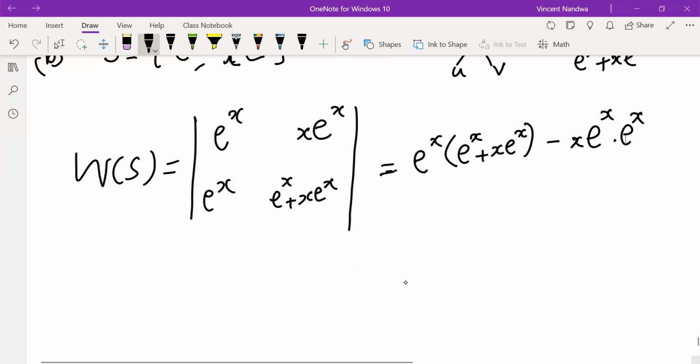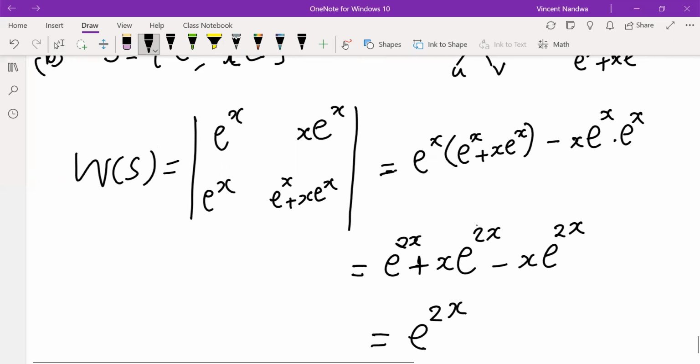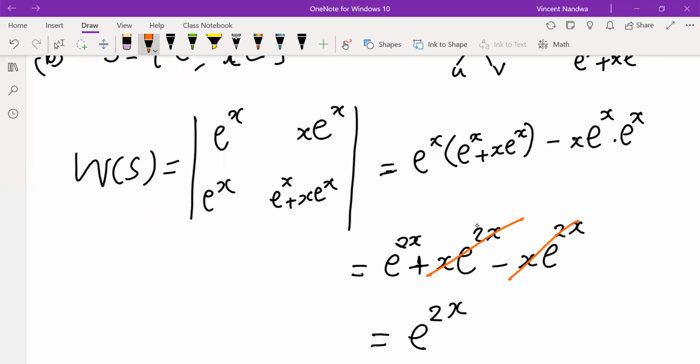So which will give us e^x times e^x is e^(2x) minus x e^(2x), minus x e^(2x). Remember, this sign is plus, because here is plus. So it can easily be seen that the answer is e^(2x), because the second and third terms cancel out.